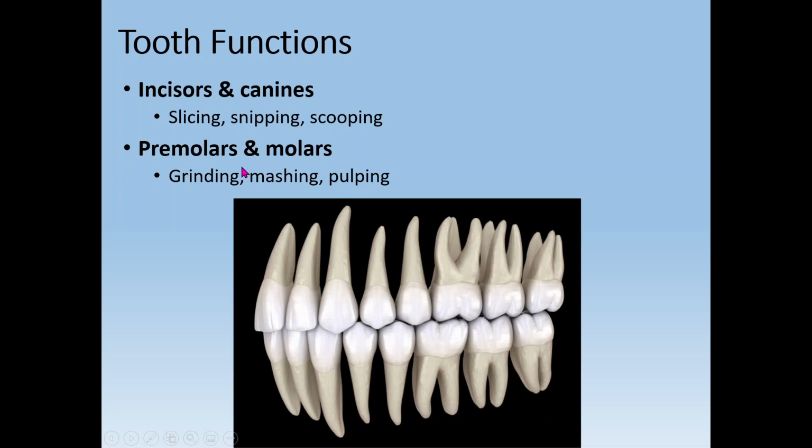Premolars and molars, these are going to have those nice flat surfaces, and they're going to be predominantly doing things like grinding and mashing and pulping your food. So you can break these down into these two primary categories. Now, these teeth can do really any of these motions. Your incisors can do some grinding and some mashing.